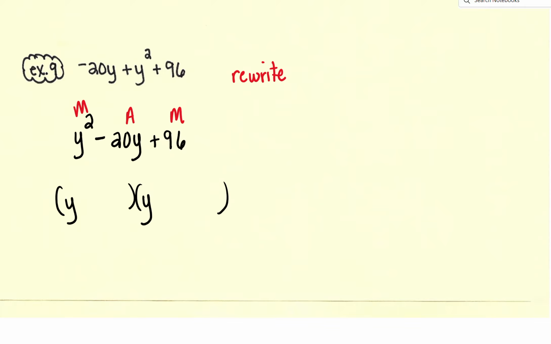Now 96 to get 20. This is one that, again, you might kind of have to play with the numbers a little bit. If that's the case, and you can do this on any of them that you need to, just come over here to the side. Is it 1 times 96? Well, let's see. 2 goes into 96 48 times. 3 goes into 96 32 times.